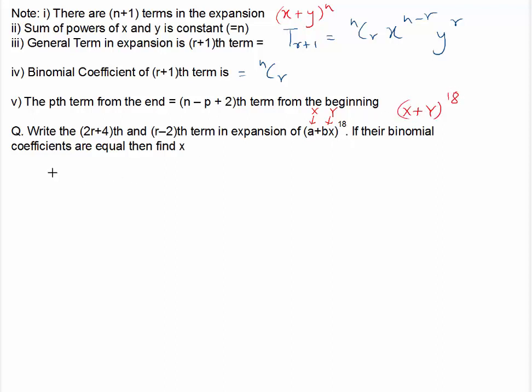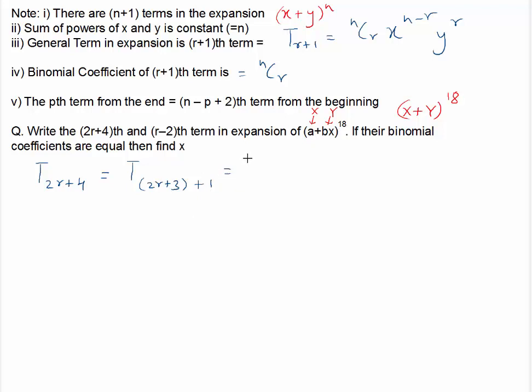So the 2r plus 4th term would be T of 2r plus 4. Now we need to write this in the form T of something plus 1. So we can see that this would be T of 2r plus 3 plus 1.